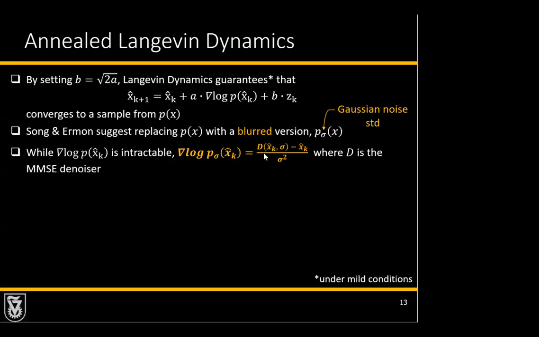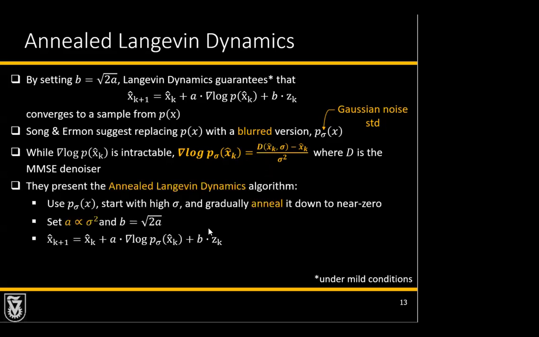Now, of course, this d is kind of theoretical. We don't really have it. It is an NP-complete problem, but we do have some great approximations of it. As we said, deep learning has led to unprecedented levels of performance in denoising. So the current state-of-the-art denoisers are very good approximations of this optimal denoiser.